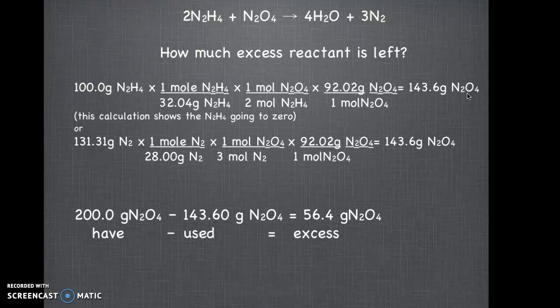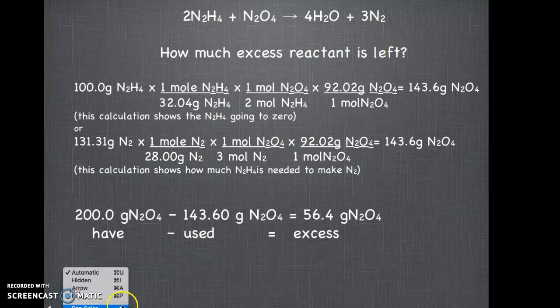So we have 131.31 grams of N2. This right here is your A. I believe this is where the video left off earlier.